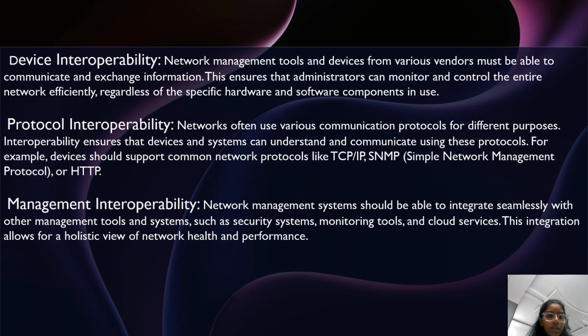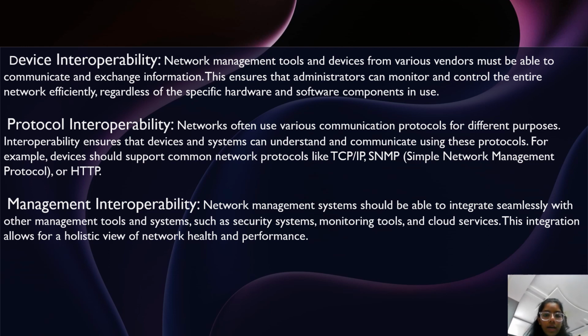Protocol interoperability. Networks often use various communication protocols for different purposes. Interoperability ensures that devices and systems can understand and communicate using these protocols. For example, devices should support common network protocols like TCP/IP, SNMP, the Simple Network Management Protocol, or the HTTP protocol.